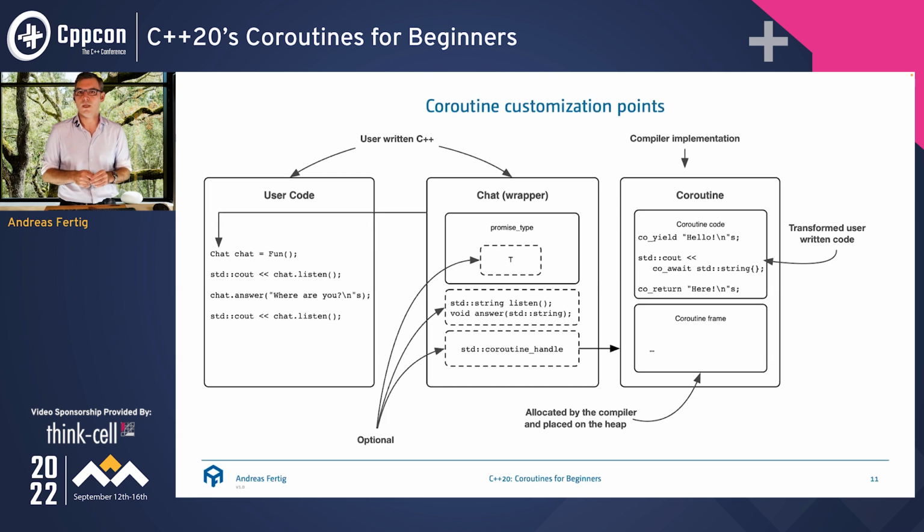You can see below here. And since we don't have any local variables in our coroutine, the coroutine frame does contain only the things the compiler needs to maintain the state of the coroutine, like a suspend index and a couple of other things. So this is this thing in picture.